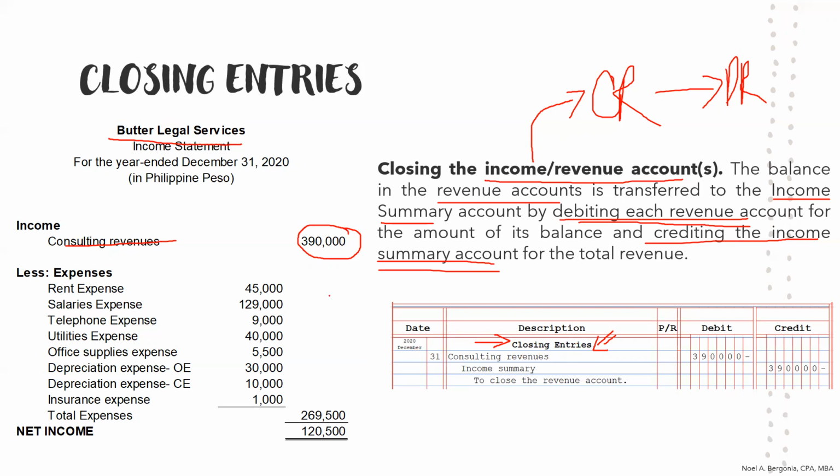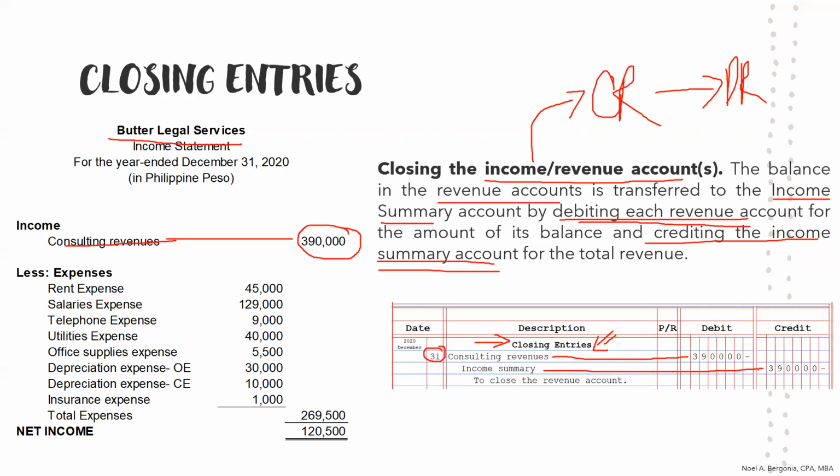Now, in this case, since we have consulting revenues 390,000, so again, dated at the end of the month, December 31, i-debit po natin, gaya ng sabi kanina, yung consulting revenue, 390,000 to zero out the consulting revenues, and then i-credit natin siya sa income summary 390,000.